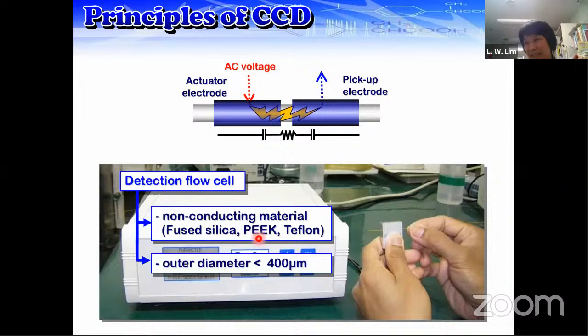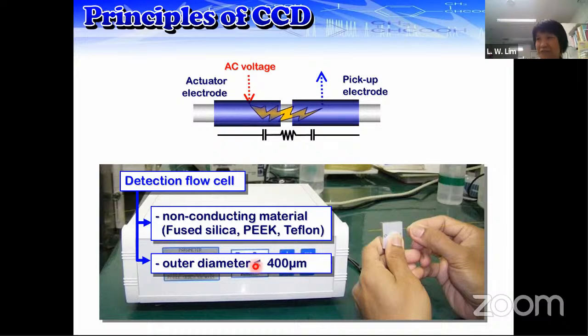Compared to PEEK tube, you can use Teflon tube, which is also plastic. It is a bit softer, but more expensive. Silica is also expensive, but because it's like glass, it's stronger than Teflon. As long as the outside diameter is less than 400 microns, we can use it.